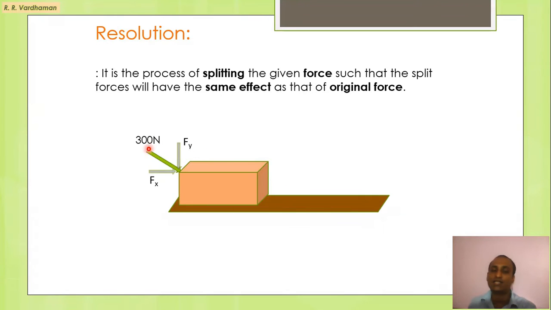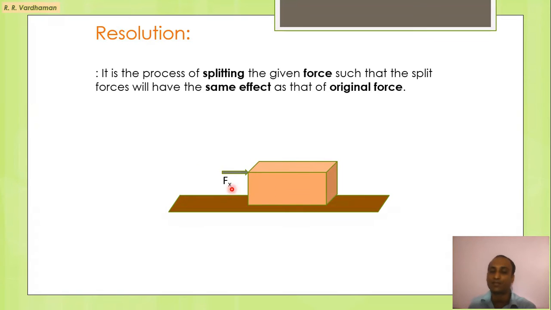Now we will see here the two components Fx and Fy of force 300 newtons are there, and from this we will see only one force is responsible for the motion, that is horizontal force Fx, and the other force Fy has no part in moving this block.